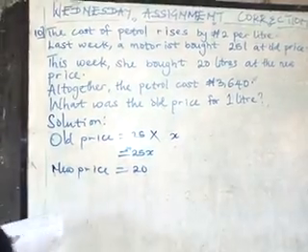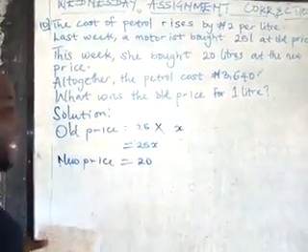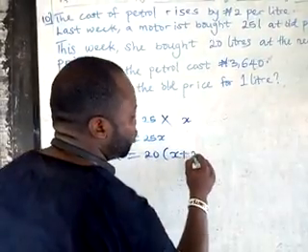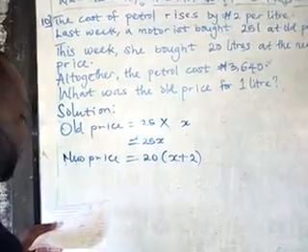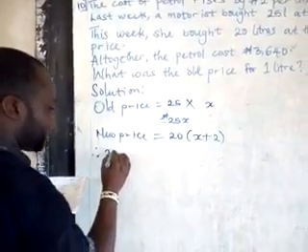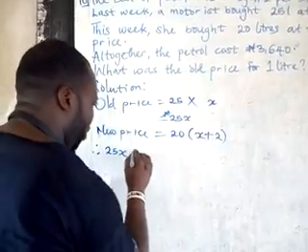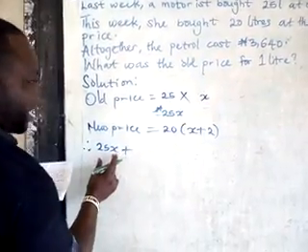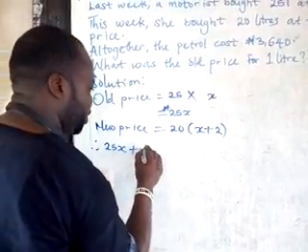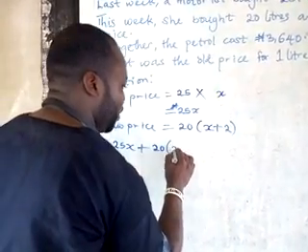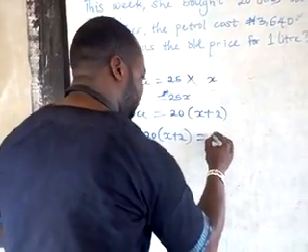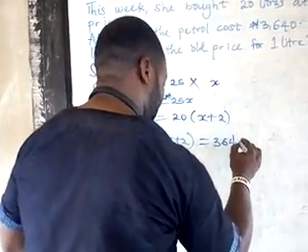So for the new price, it will now be what? 20 times X, which is the old price, plus 2, which is the new price. So therefore, we can say that 25X plus the new price, which is what? 20 into X plus 2. Everything equals 3,640.